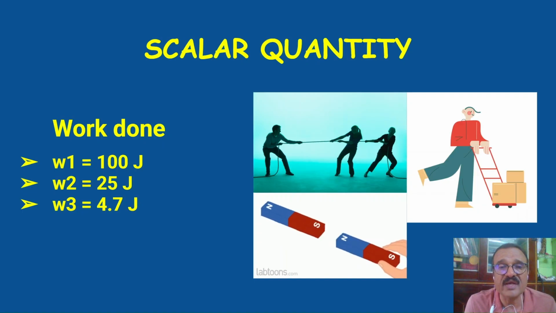Hence, work done is force multiplied by displacement. Here the example says W1 equal to 100 joule, where 100 is the magnitude, joule is the unit. Work done W2 equal to 25 joule and W3 equal to 4.7 joule.